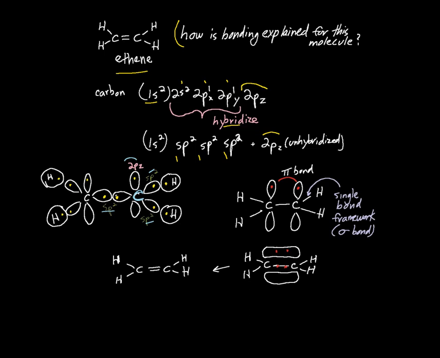We still have our 1, 2, 3, 4 carbon electrons to fill in. So the unhybridized p orbital does still have an electron in it. The other carbon of ethene also has an unhybridized p orbital with an electron in it.